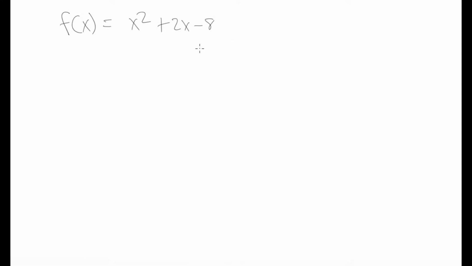And you'll recall that this is our function notation, f of x, but we can just as easily express this function as y is equal to x squared plus 2x minus 8. So if we wanted to set our y-coordinate equal to 0, we can just set this entire function equal to 0.